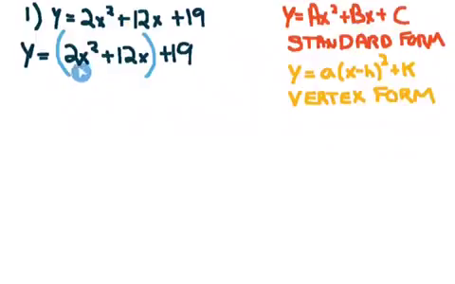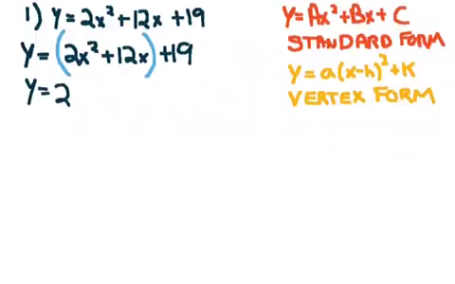I'm asking you just to factor out something that will make this coefficient 1. In this case, the number is 2. We want to factor out a 2 to get a 1 in front of that x squared variable.